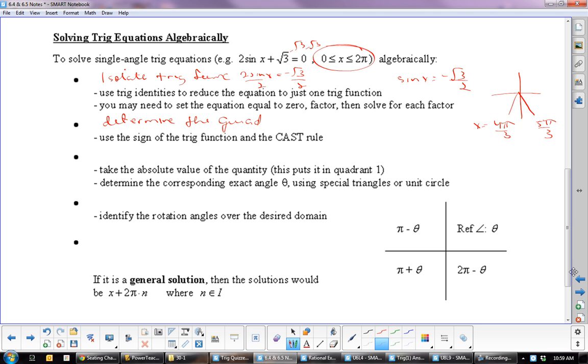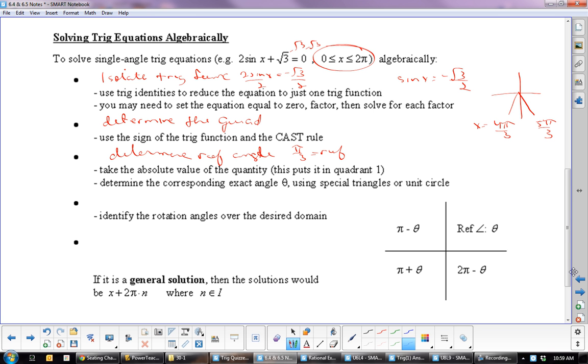The next is to determine the reference angle. In this case, you take sine, and you're just going to do root 3 over 2. So you would get pi over 3 as your reference.